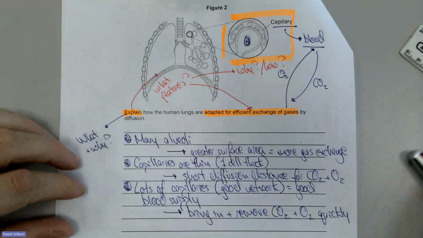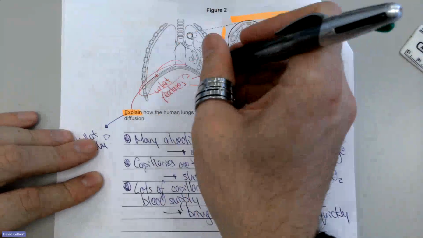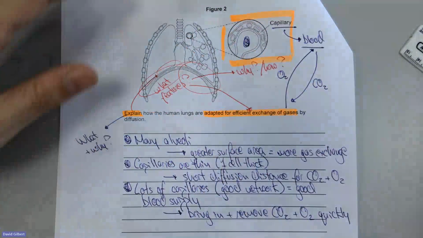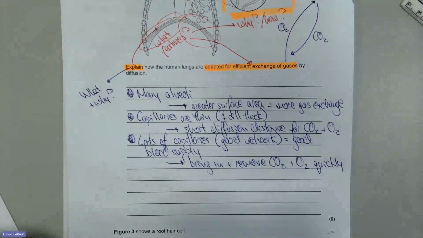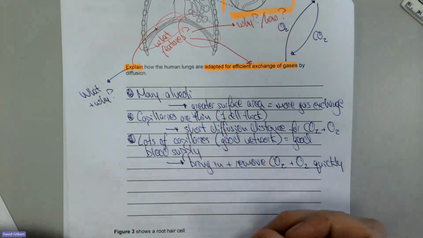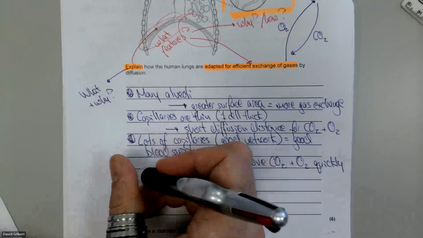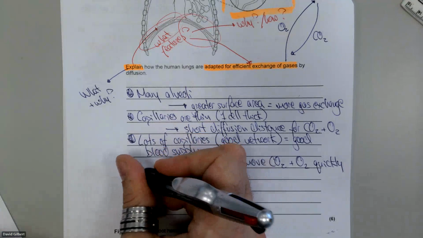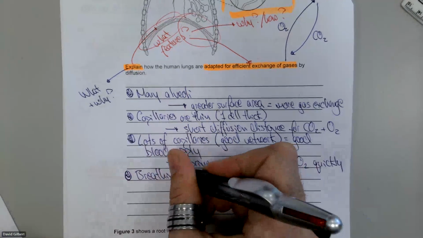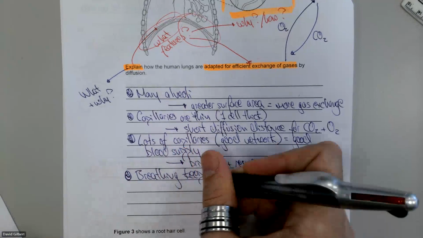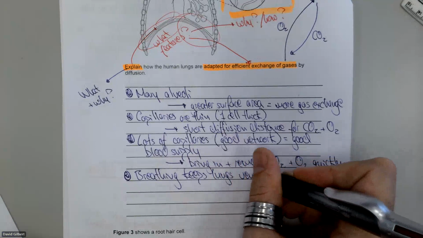And then finally, what else is useful? Well, it's our ventilation mechanisms. It's the fact that air, oxygen and carbon dioxide, can be moved in and out of the lungs quickly. So breathing keeps the lungs ventilated.